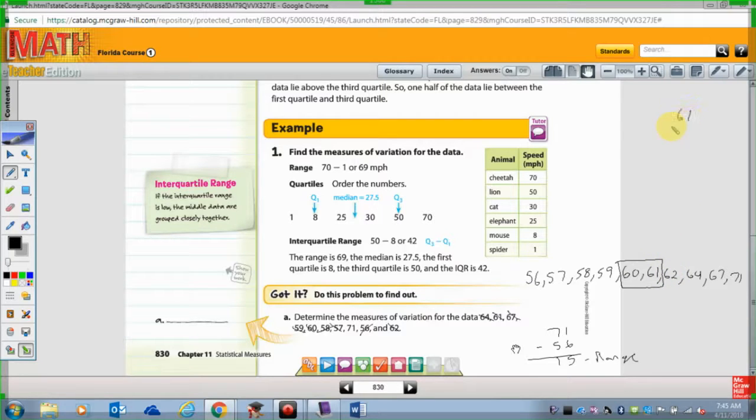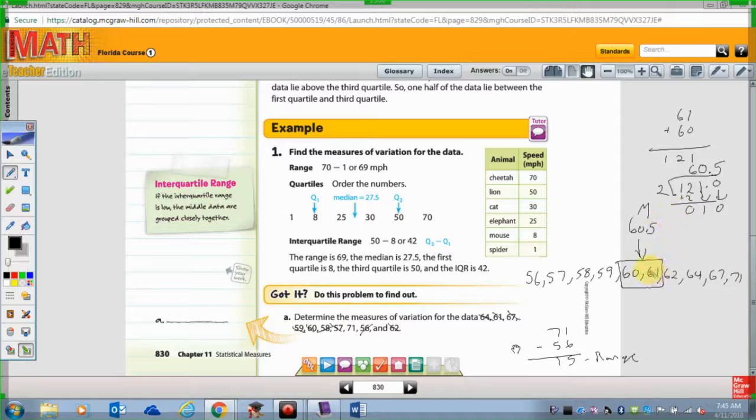So 61 plus 60 gives me 121. 121 divided by 2 is going to give me 60.5. So the median goes right there, and it's 60.5.